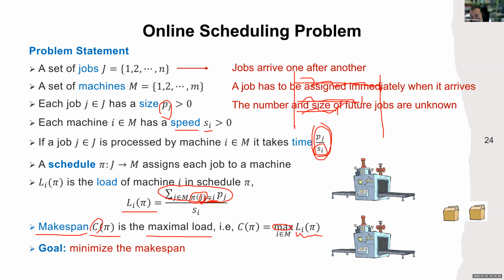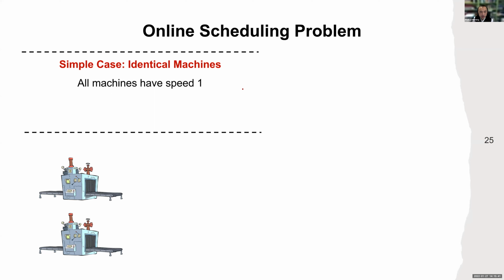And then it means your algorithm is the best possible. So that's the final goal: first show the algorithm designed by you is good, and the second step is to show it is the best possible. Well, that will finish the story. Okay, so let's just start from a very easy case where all machines have speed 1.